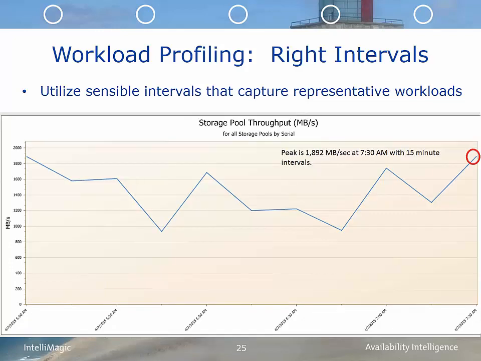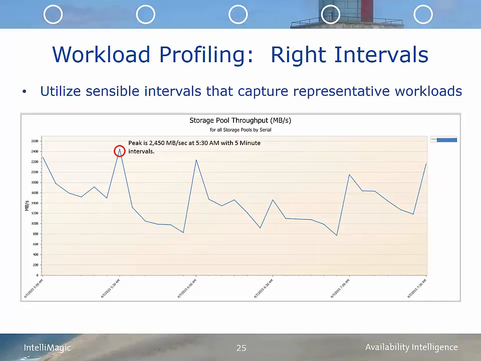When we use 15-minute intervals, the peak is at 7:30 a.m. as well, and the peak is roughly the same, 1,892 megabytes per second. But when we adjust it to a 5-minute interval, the peak is 2,450 megabytes per second at 5:30 a.m. This shows the problem with using very coarse intervals. You miss out on the peaks, and so it's important to select an interval that captures those peak workloads.